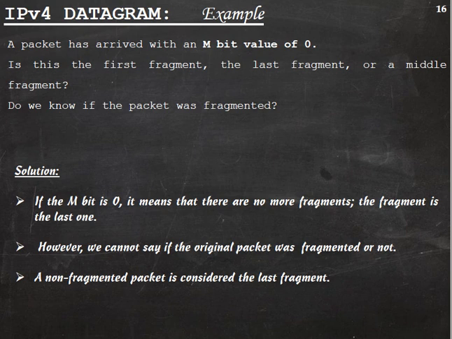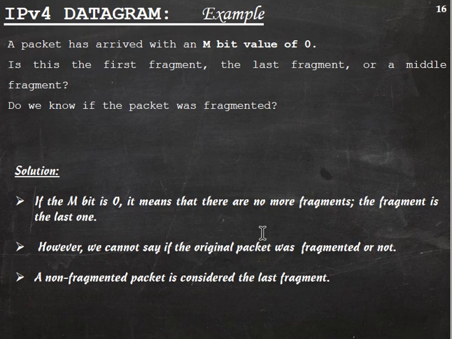So this problem says a packet has come, and in it the value of the M bit is 0. What does M stand for? M stands for more fragments, as we have seen. Since the M bit is 0, it means there are no more fragments, and this fragment is the last one.